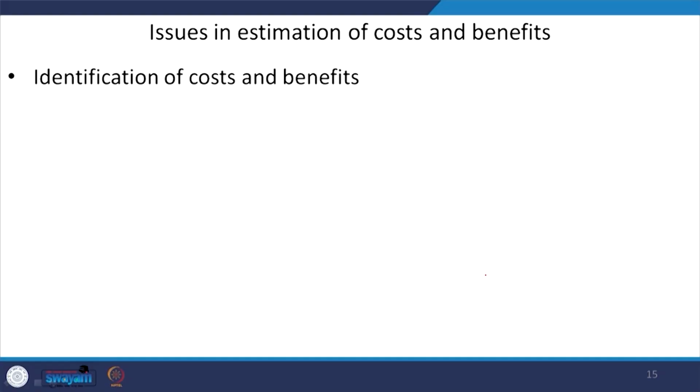So, although we talked about the identification of costs and benefits being crucial, still it is very likely that we may omit certain likely costs or likely benefits of a particular policy or project if it is to be implemented. So, that is again a tricky affair.